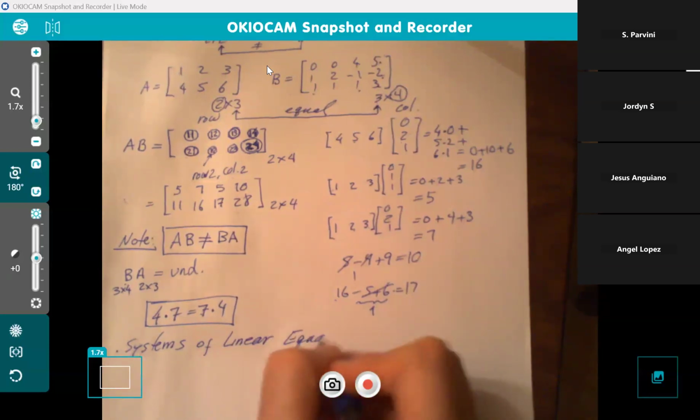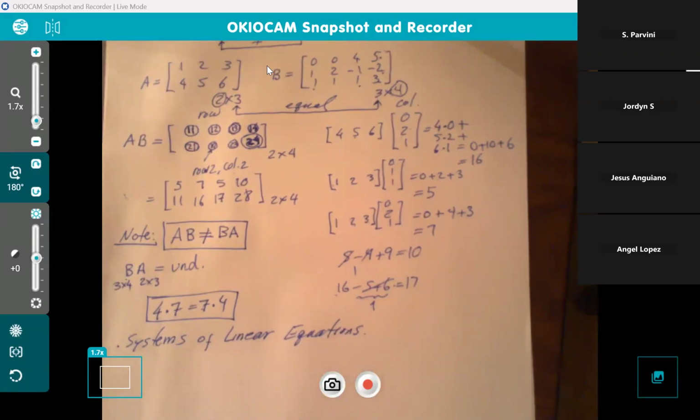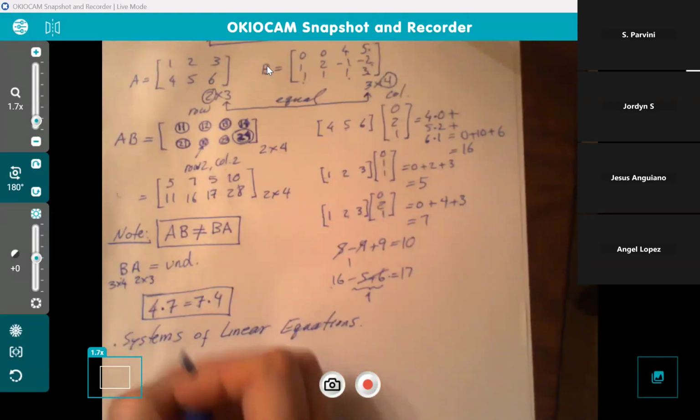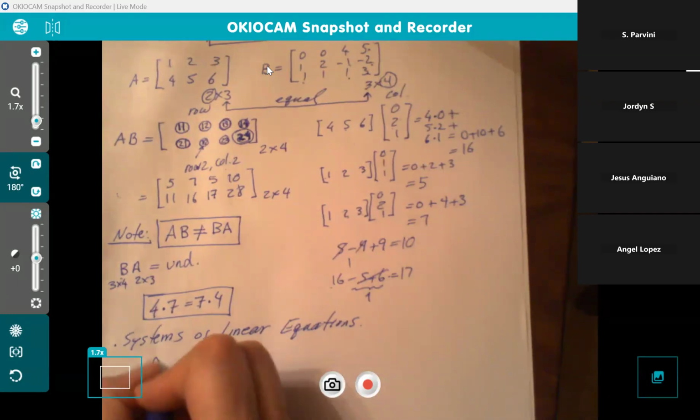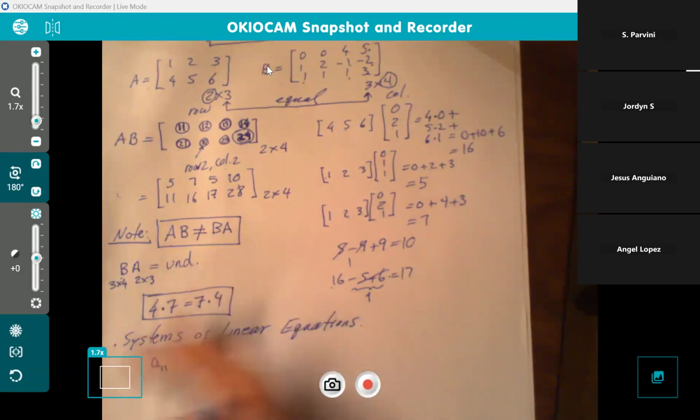Okay, now with systems of linear equations, this is going to be the general form of a system, algebraic form. And I'm just going to write one with 2 equations, 2 unknowns. We can extend it to higher order systems. So for 2 equations, 2 unknowns, here's my first equation.